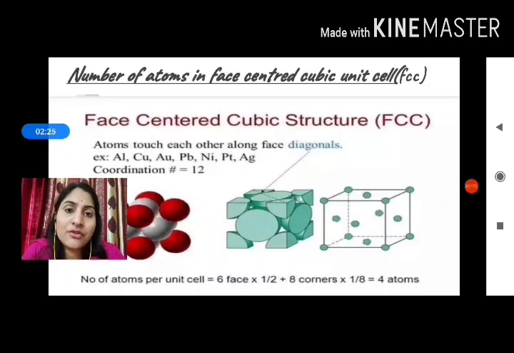The contribution of the constituent particle which is present at the center of each face is 1/2, and in a cube we will have the 6 faces. So the calculation would be 6 into half, that is equal to 3. Here the number of the atoms per unit cell for the FCC would be 6 into half plus 8 corner atoms into 1/8, that is equal to 4 atoms.